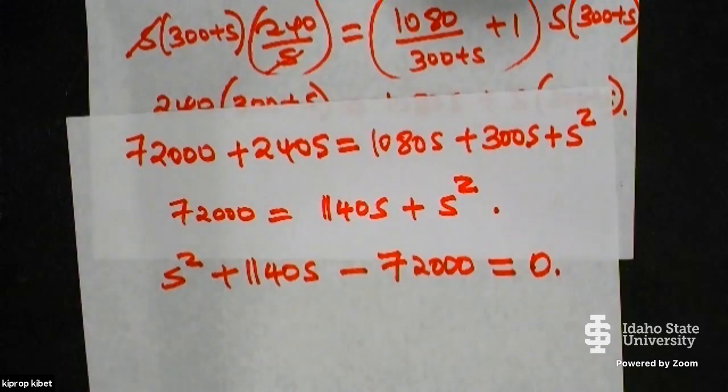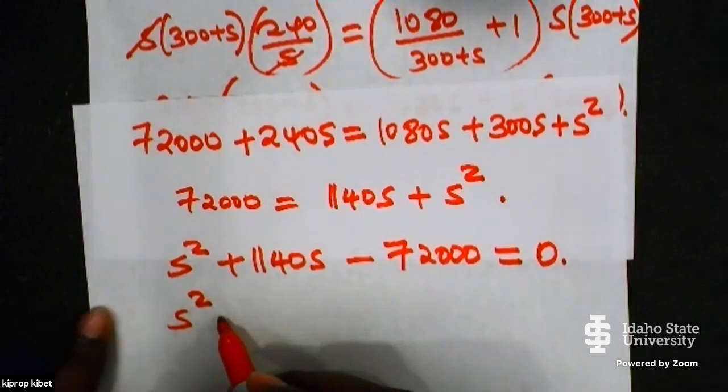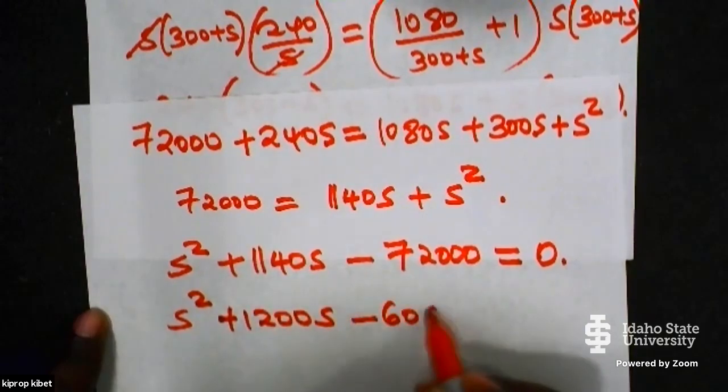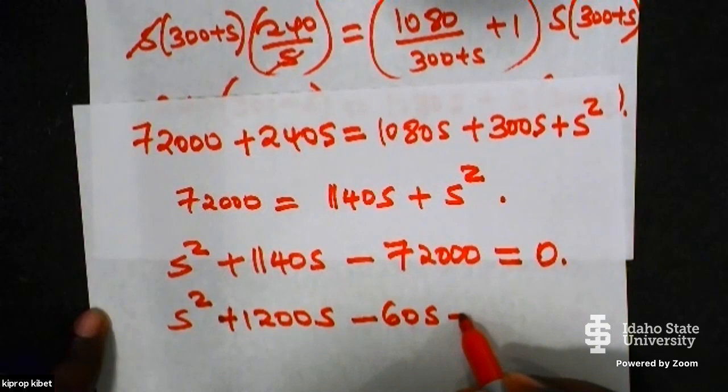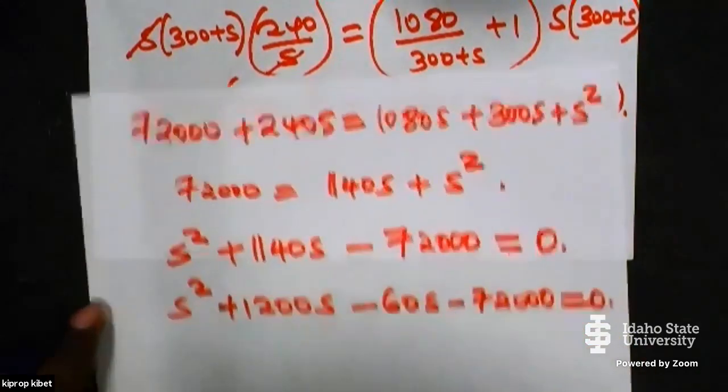So S squared, which one will be minus? The 60, right? So plus 1,200S minus 60S minus 72,000 equals 0.